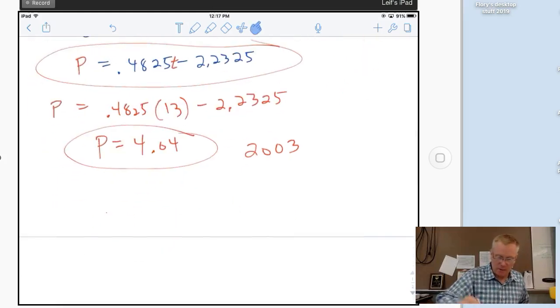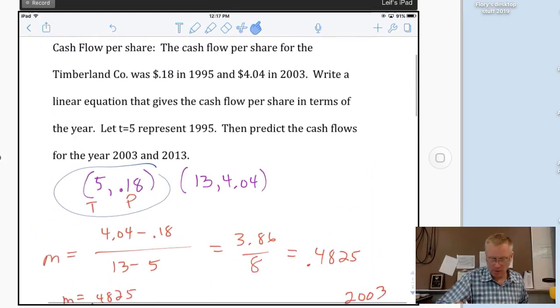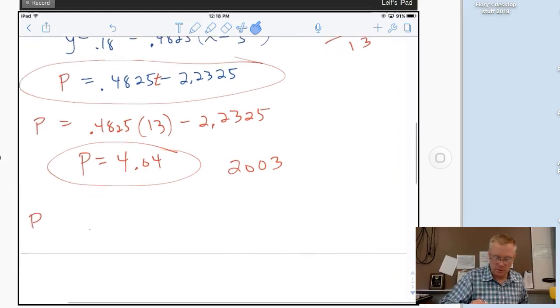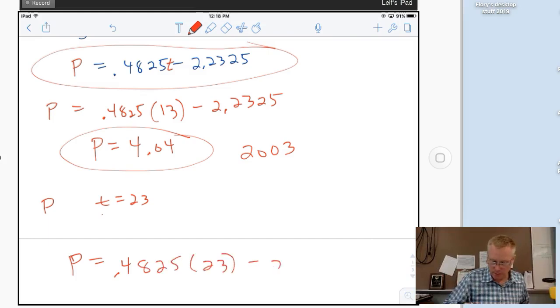And if I take that same equation and plug in the second one, which was 2013, that means if 2003 was 13, this one will be 23 for T. P will equal 0.4825 times 23 minus 2.2325.